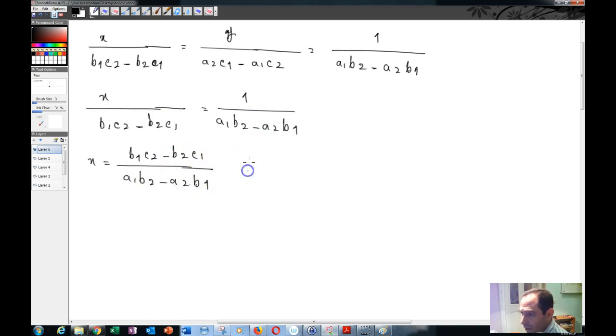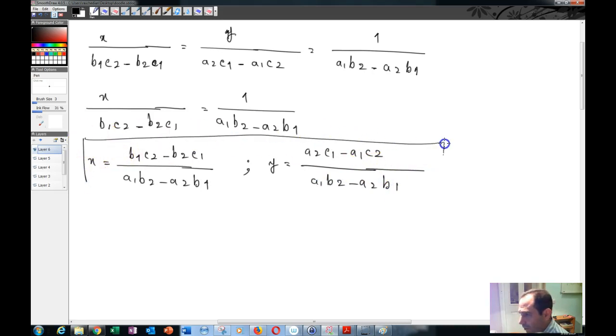And then by the same logic, y would be equal to a2c1 minus a1c2 over a1b2 minus a2b1. Okay, so this is the value of your x and y.